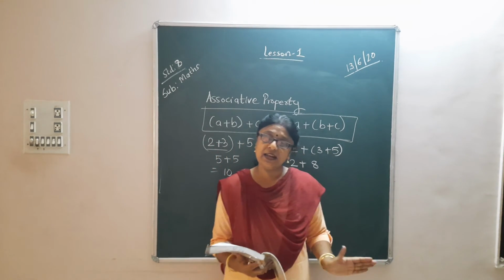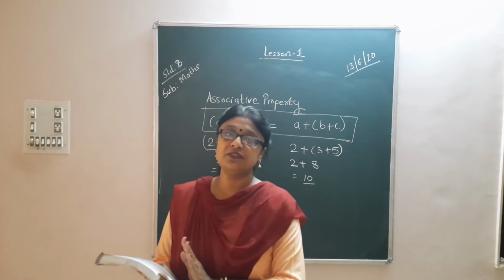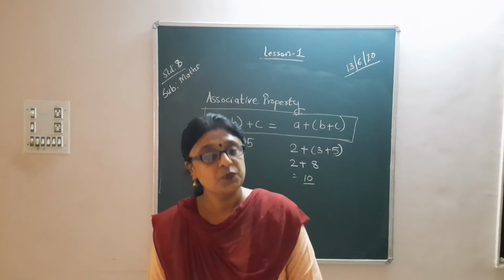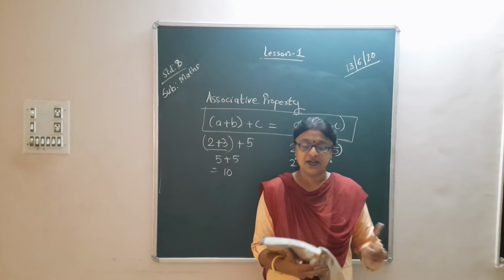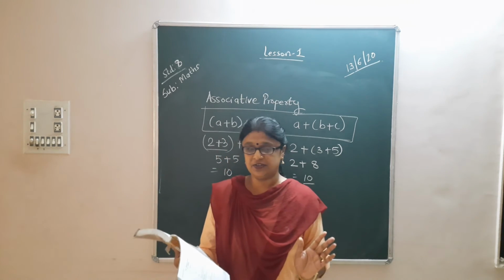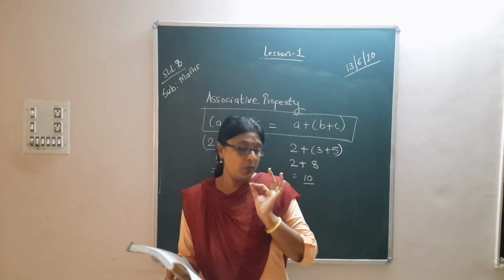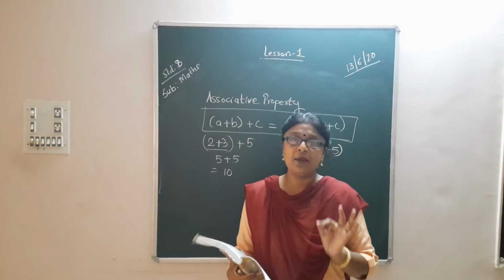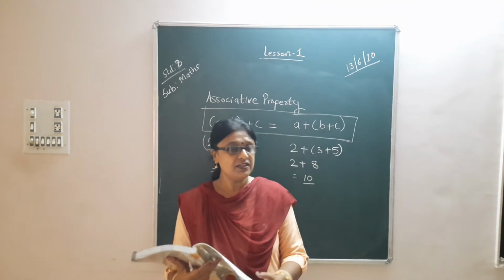So, once again, associativity for all the kinds of numbers is true for addition and multiplication. It is not true for division and subtraction. Understood till here, everybody? Okay? So, we will take a quick recap of the 3 kinds of properties that we have studied.